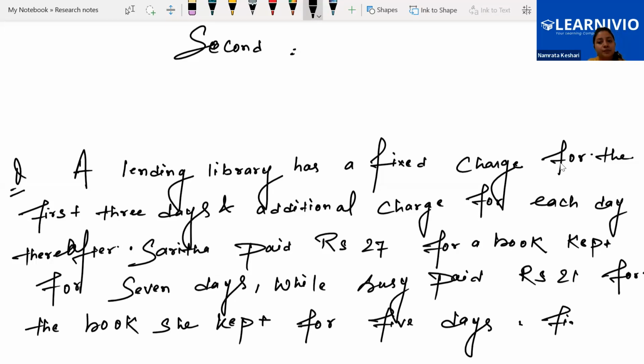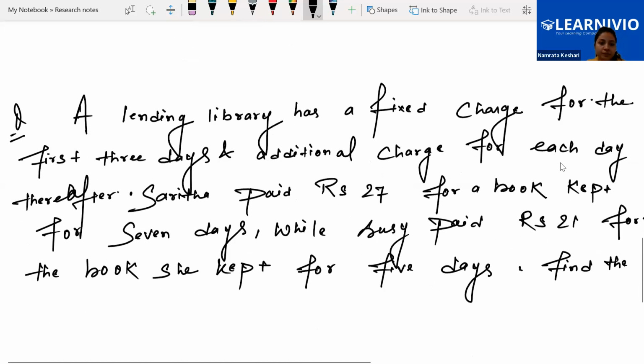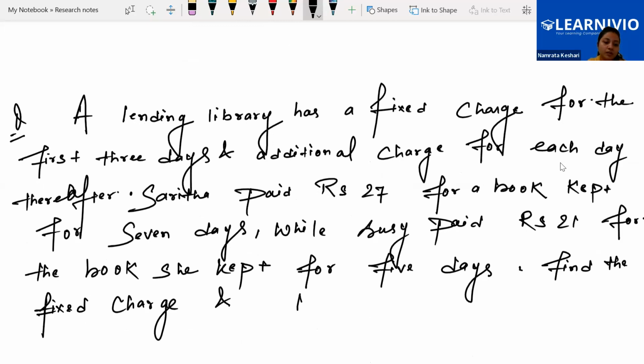Find the fixed charge and the charge for each extra day.